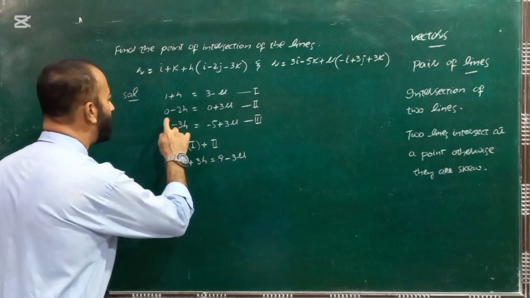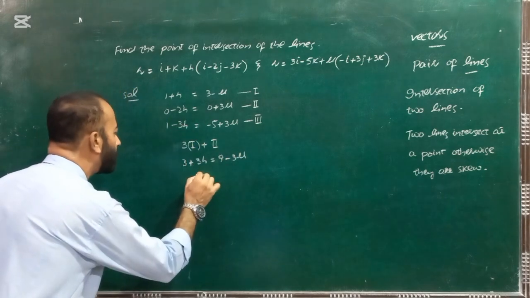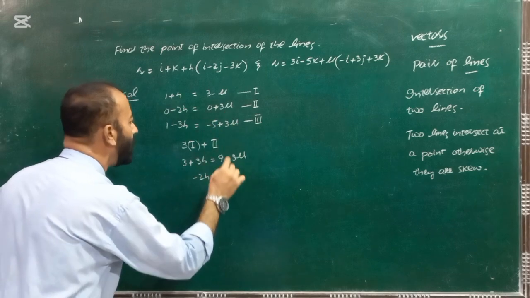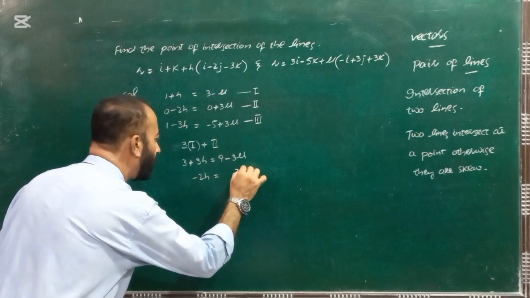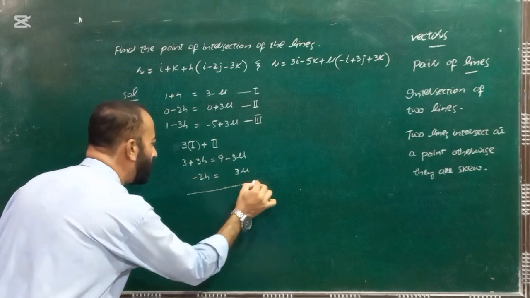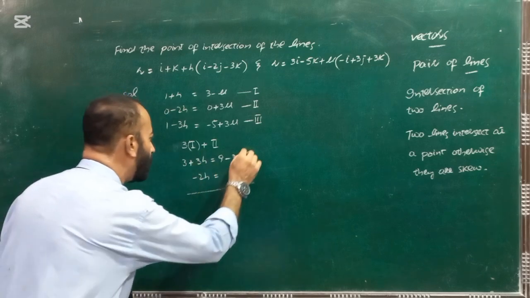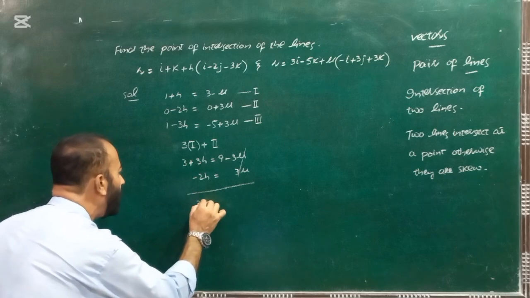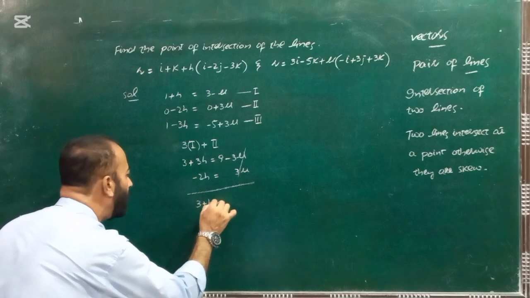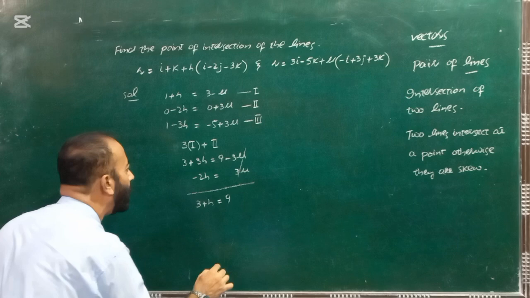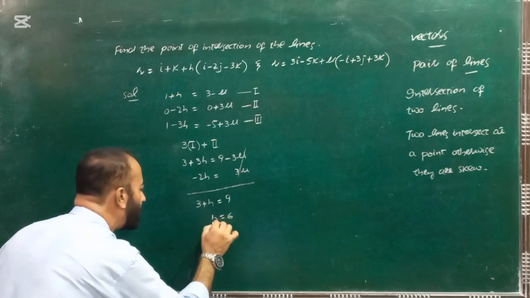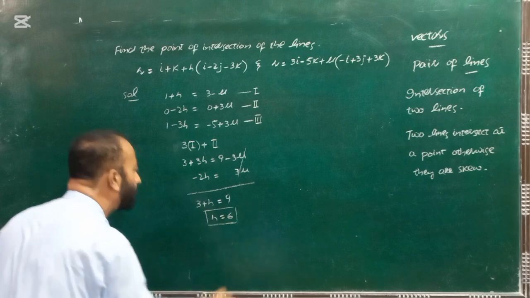And equation number 2 is minus 2 lambda is equal to 3 mu. So these 2 equations are going to be added. So this mu term will be cancelled, and from here 3 plus lambda will be equal to 9, and lambda will be equal to 6. So this is the value of lambda.